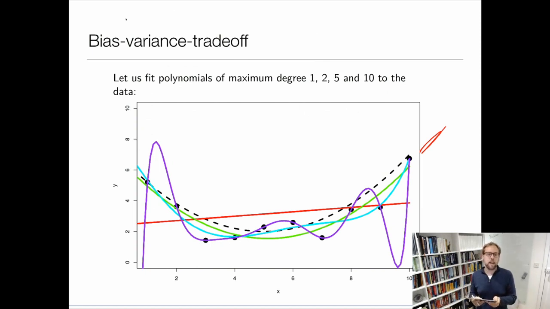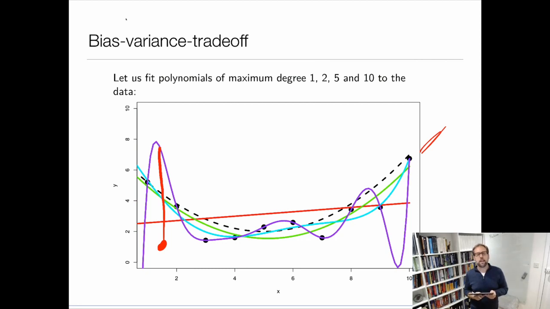Now I might sample a new point, and this new point could be here at the bottom, and it is quite far off from the violet line and much closer to the other lines there.